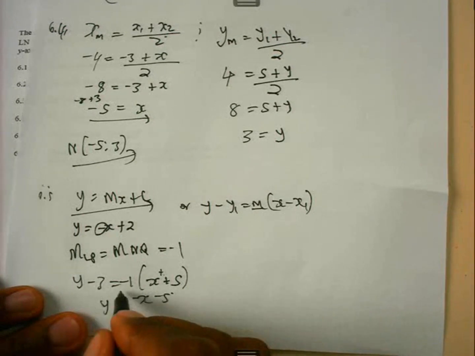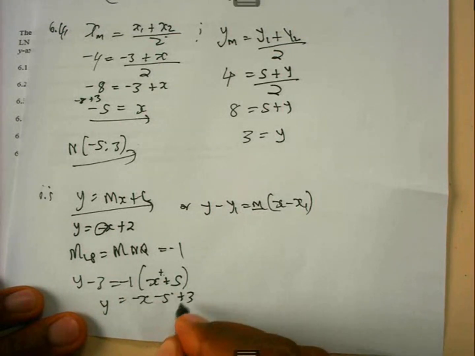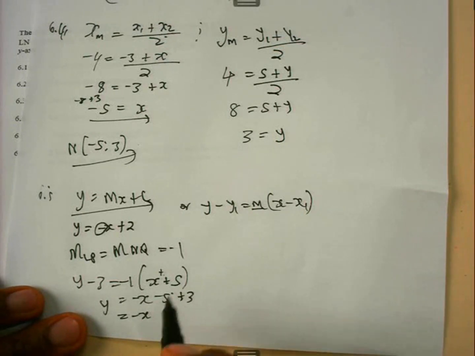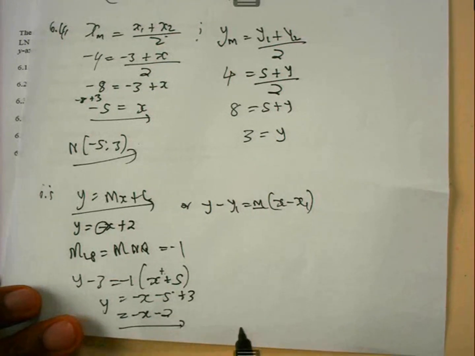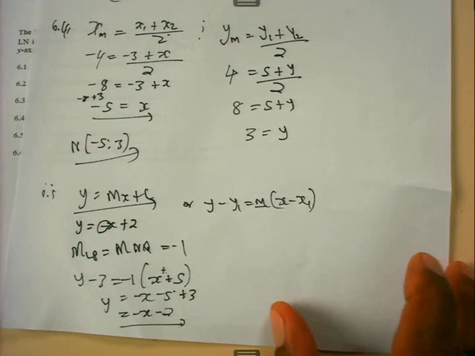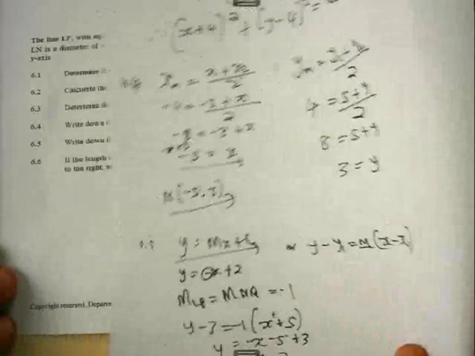Therefore y equals, taking this to the other side, plus 3, minus x minus 5 plus 3, which is going to be minus 2. Therefore, y equals minus x minus 2. This one is the equation of the line NQ.